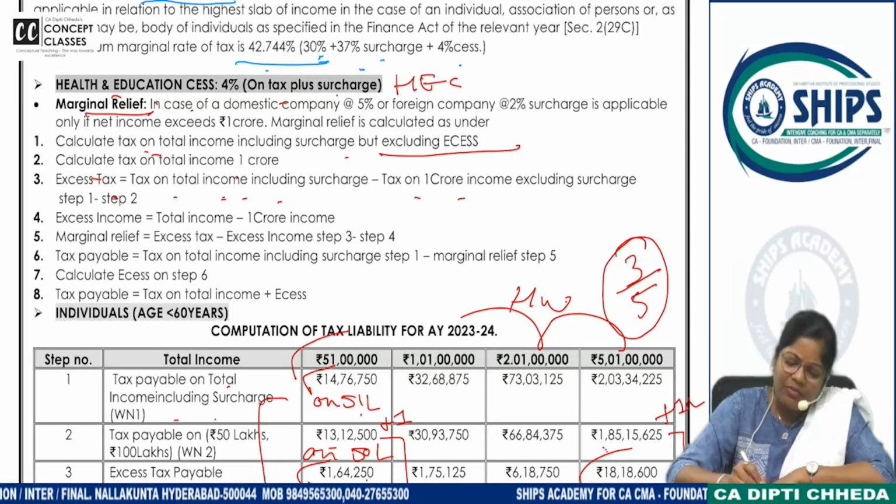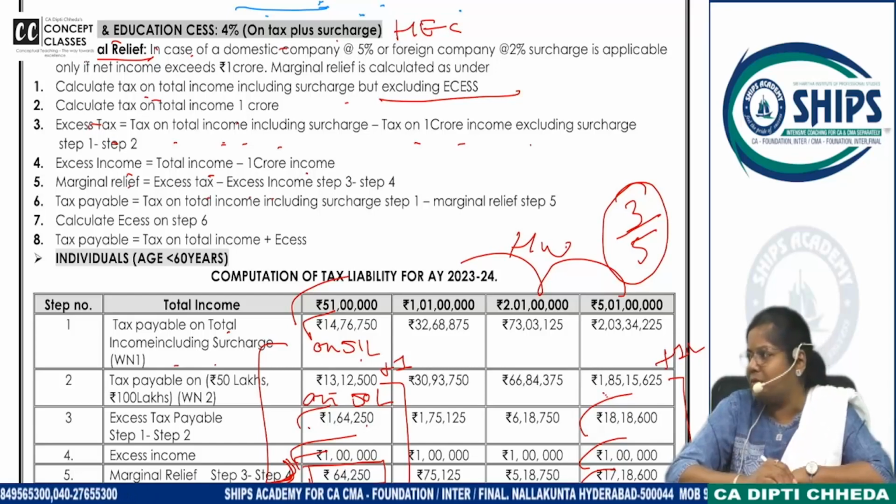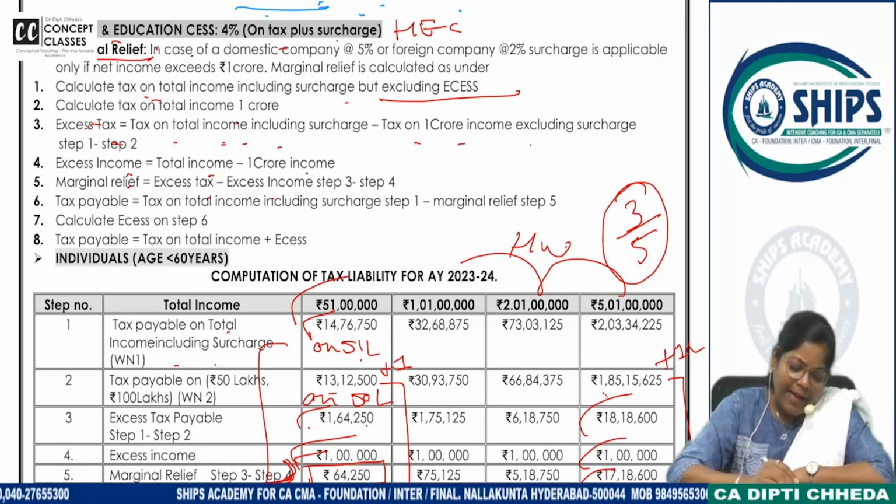Total income tax on 1 crore. Excess income, okay, what is above 1 crore, and excess tax. So you want a marginal relief of 3 minus 4. Clear? Excess tax and excess income.